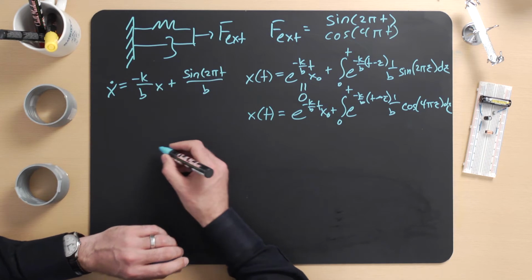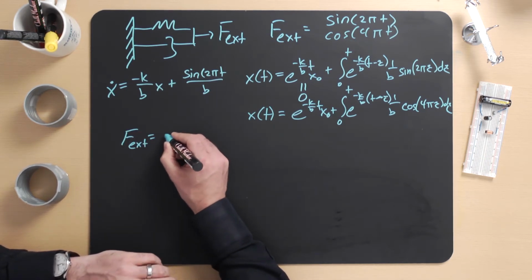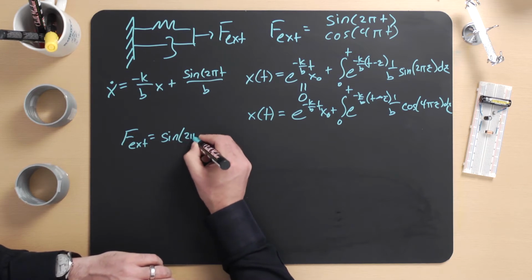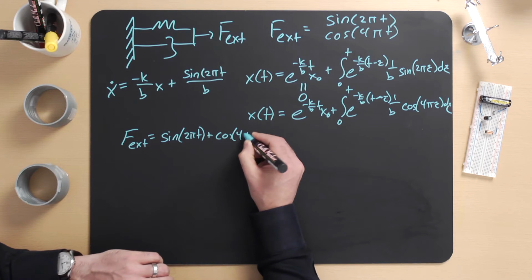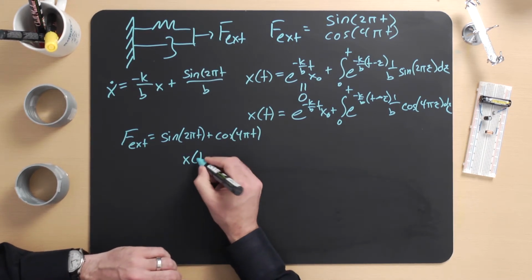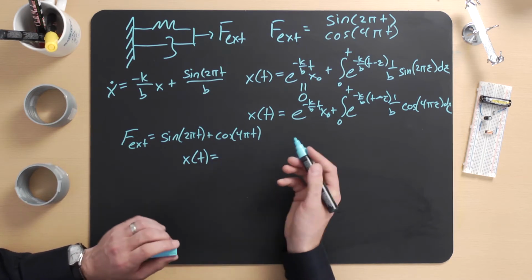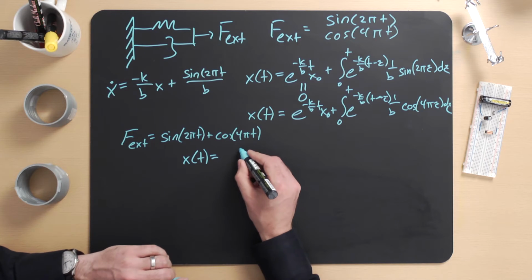Now what happens if the external force is equal to sine of 2 pi t plus cosine of 4 pi t? So if we have F external is equal to sine 2 pi t plus cosine 4 pi t, then x of t is going to be equal to, and I'm going to ignore the transient response, and I'm just going to look at the steady state response.